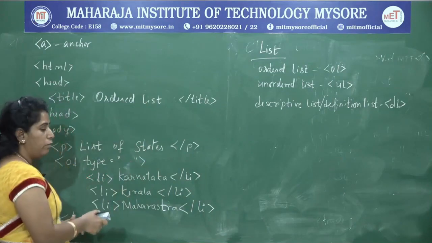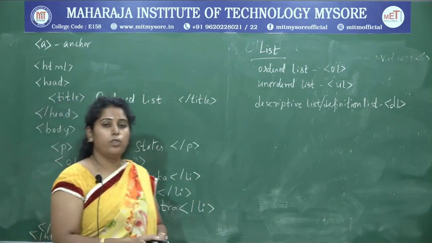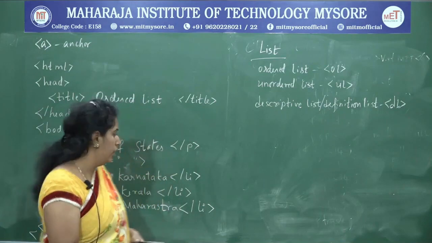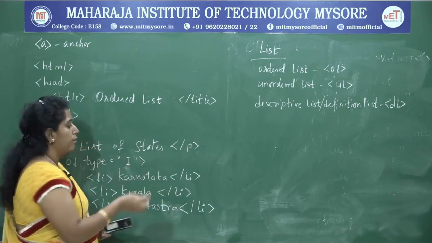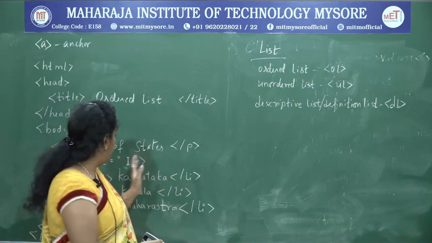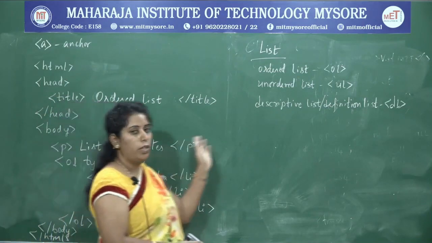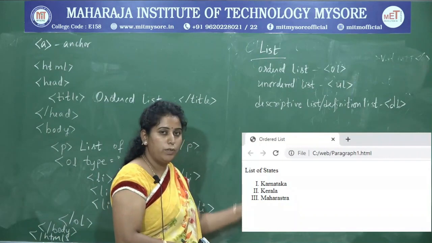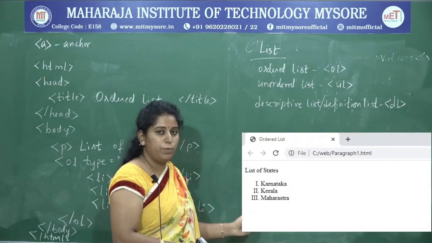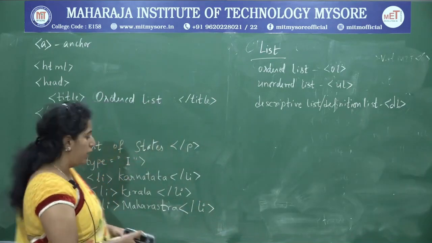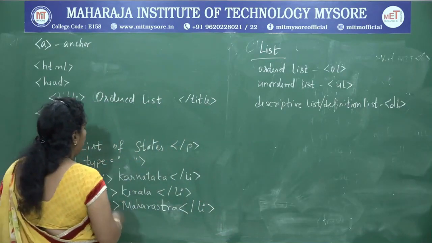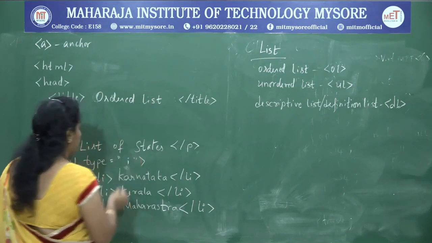Next there is one more feasibility, that is making use of Roman literals. How? Like this. Once you make use of this type, check the output. See how the data has been listed now. This is in uppercase Roman literals. You can change the literal to lowercase.